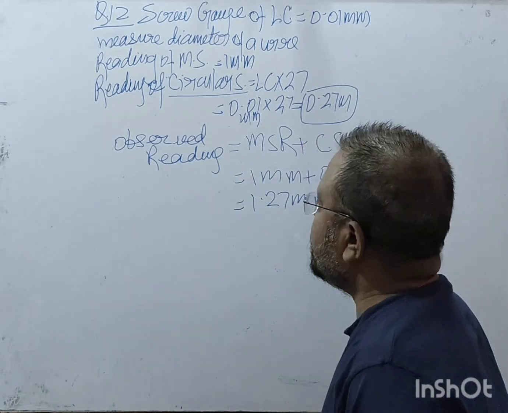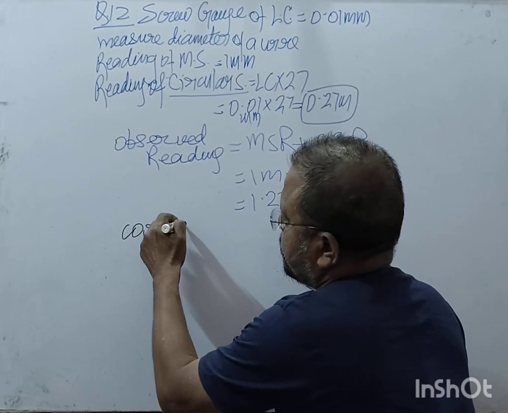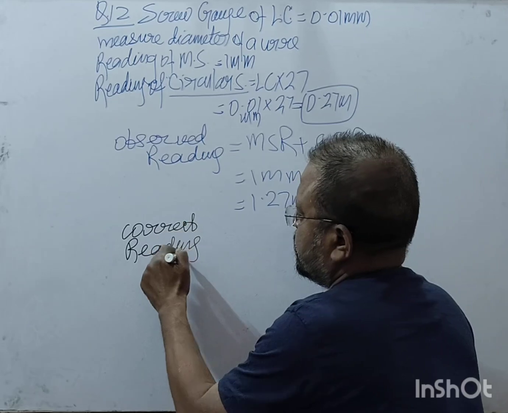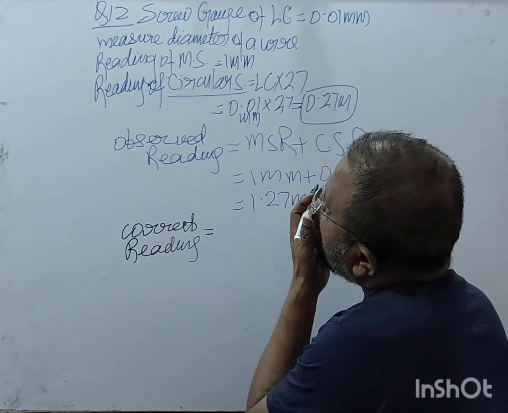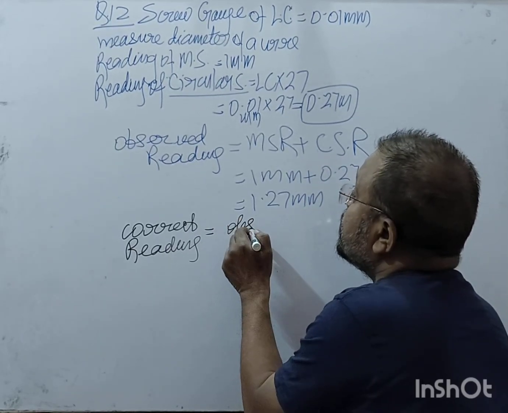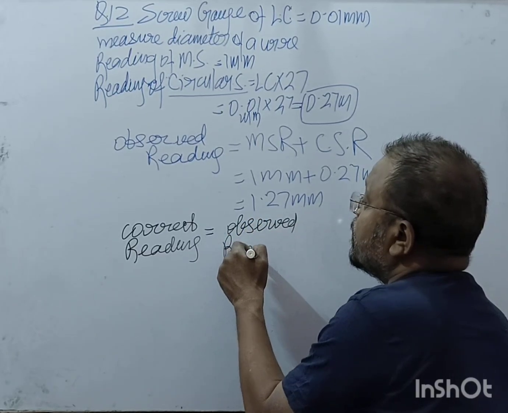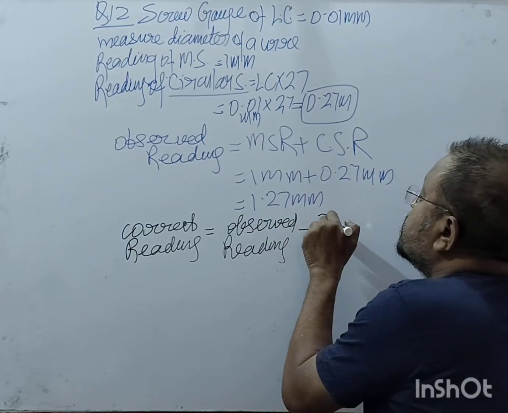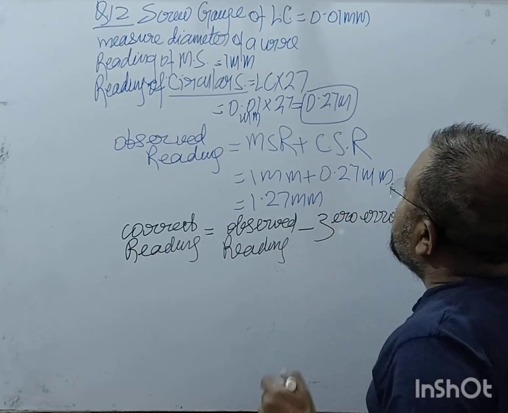Now we have to find the correct reading. So the correct reading is the observed reading minus the zero error, right?